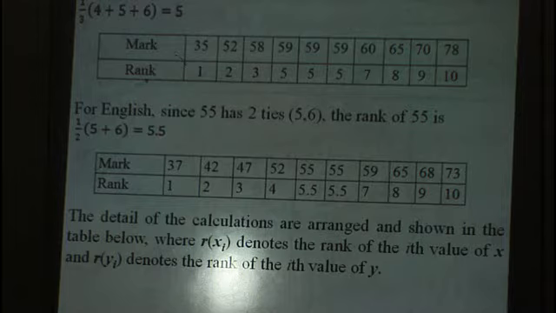So you can see that the 59 which would have been of rank 4 has been substituted by the mean 5 of the ranks. The 5th and 6th ranks were also substituted by 5. Then you continue from 7 to 10.